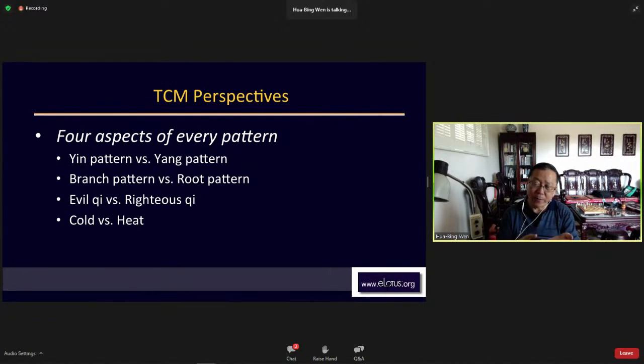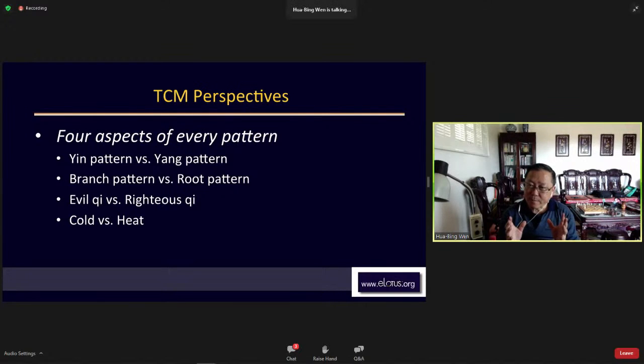For example, normally when you have dryness, you won't have water retention, but in cancer patients, you see that pattern. You have dryness and damp at the same time. You have cold and heat at the same time. And you may have yin and yang deficiency at the same time, qi and blood deficiency at the same time.